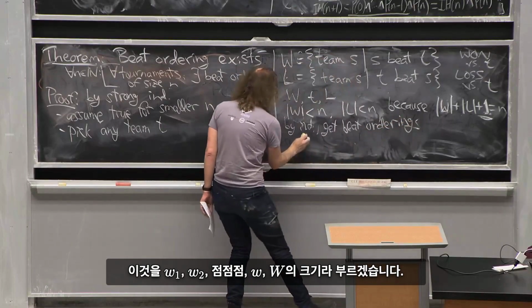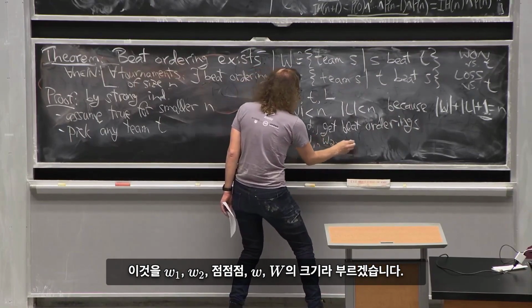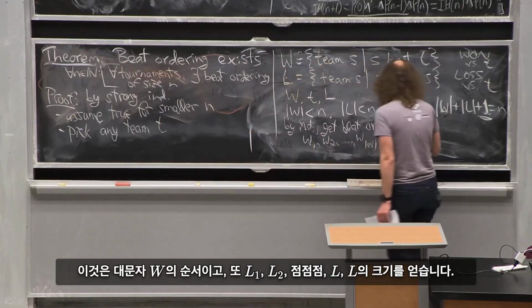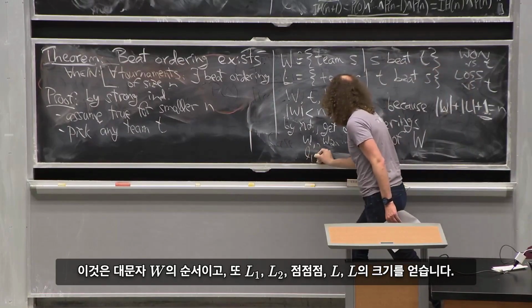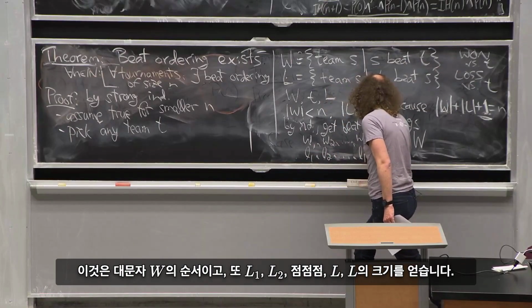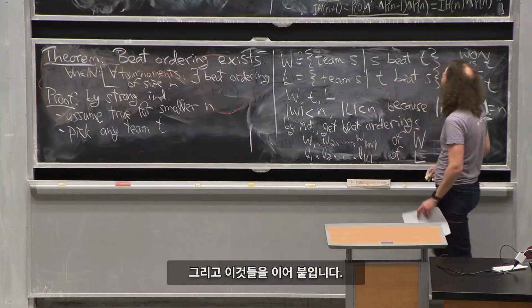Let's call it W1, W2, W size of W. This is an ordering of capital W. And we get L1, L2, L size of L as a beat ordering of capital L.